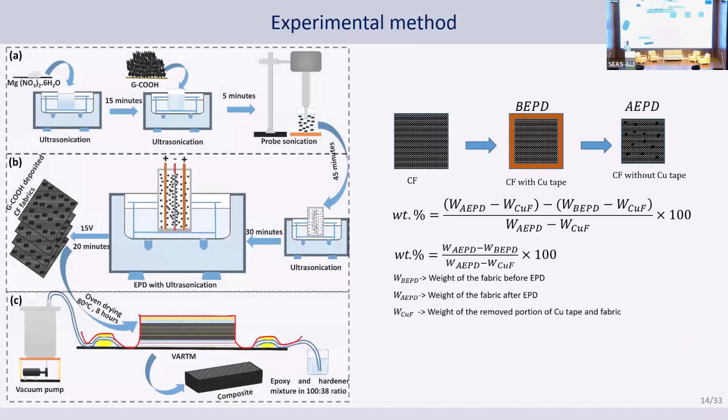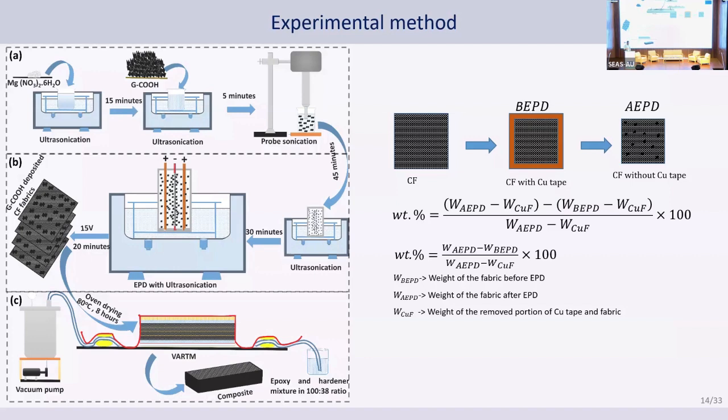The experimental method is that we first disperse the magnesium nitrate into DI water and subject it to ultrasonication. After that we disperse the carboxyl graphene into that dispersion medium and do probe sonication. Along with the ultrasonication, we do the EPD.